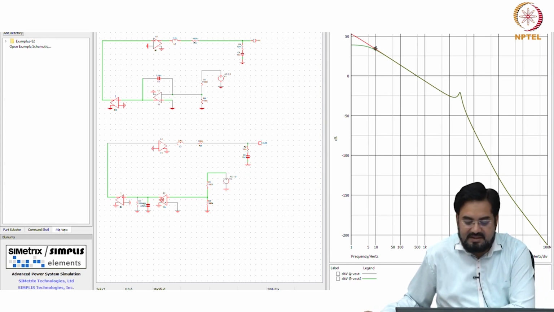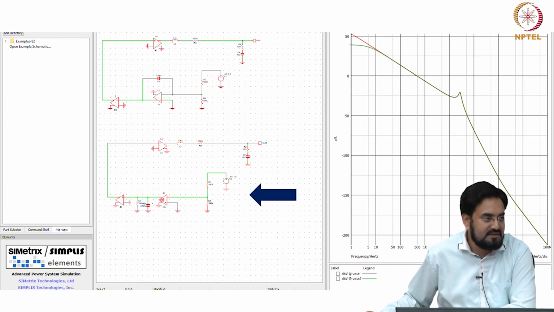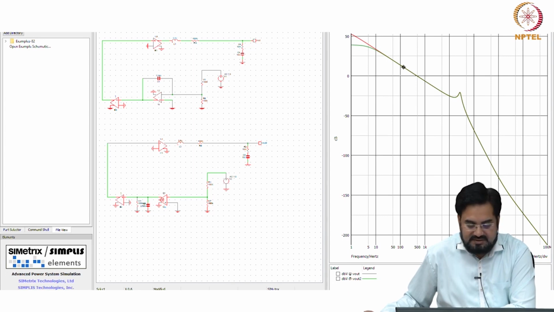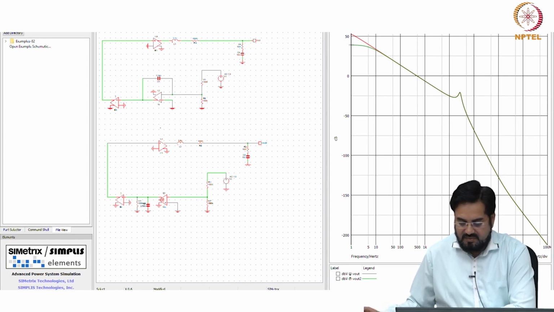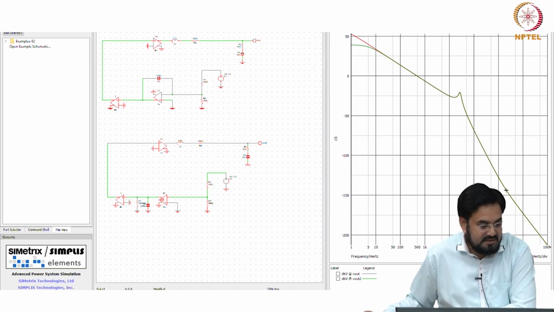So the only difference you see is at low frequency, which is due to this resistor, because this is an ideal integrator and this is non-ideal. That's why you are seeing that. But you are more interested in this peaking and UGB, so it's crossing at the same value, UGB, and your gain margin is the same.